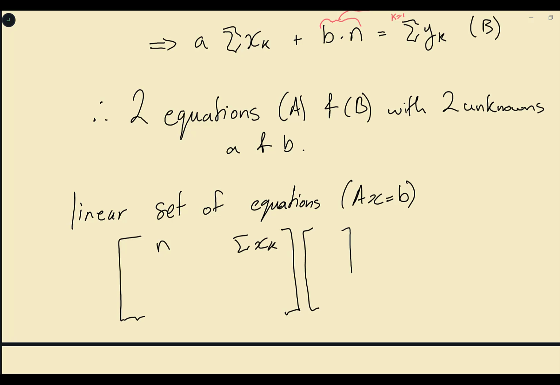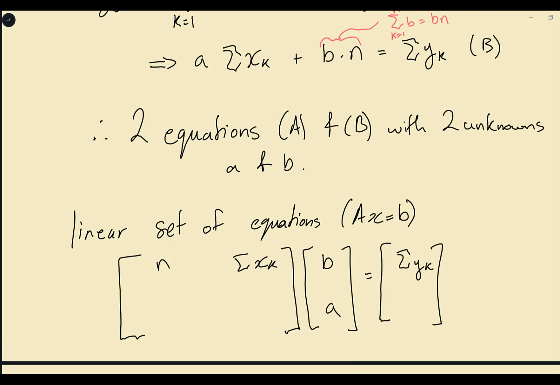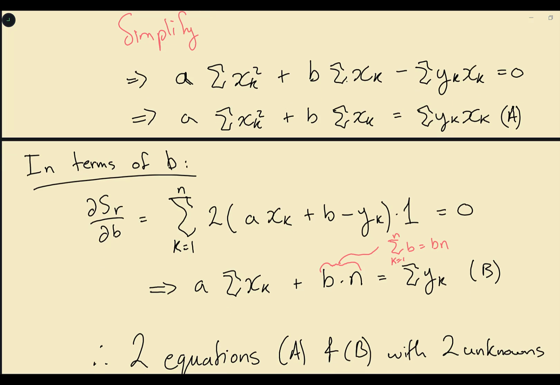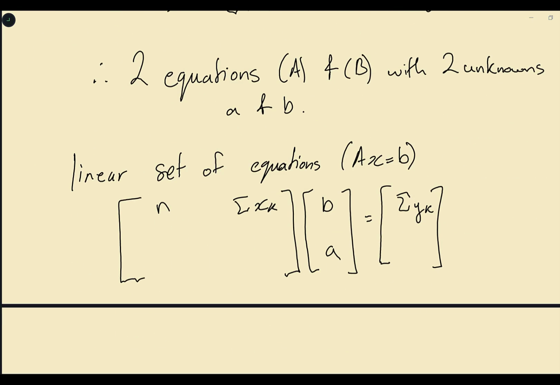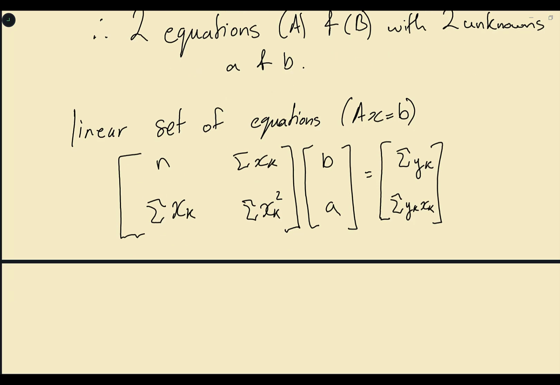We're flipping the order of A and B. So we have B first and then A, and what these are equal to for equation B is the sum of yk, and for equation A, it would be the sum of yk times xk. On this left side, we would put the coefficients from equation A. So this approach is called least squares fit.